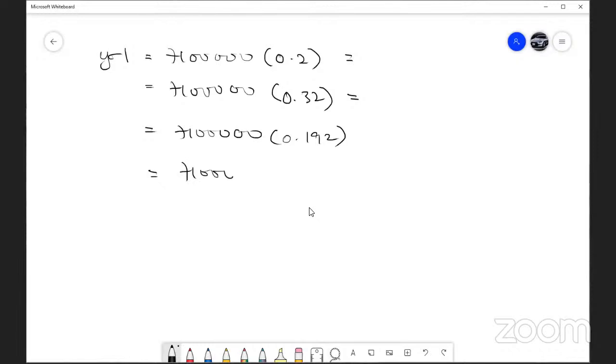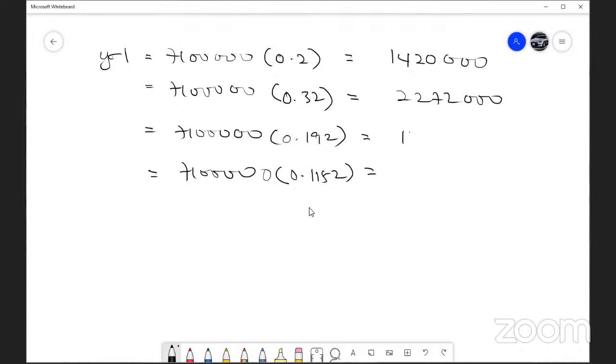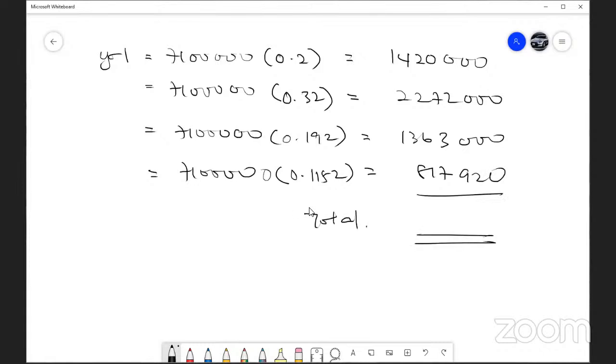Year 4, 11.52, 0.1152. So your depreciation for year 1 is 1,420,000. Year 2, the highest, is 2,272,000. Year 3 is 1,363,200. Year 4 is 817,920. Add up all of this, you get 5,873,120 total depreciation by year 4.